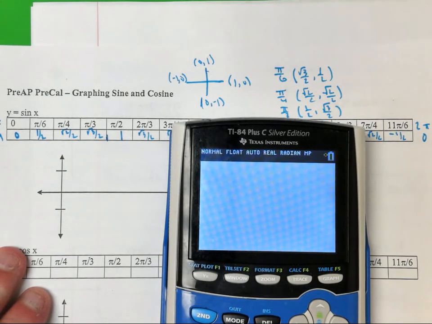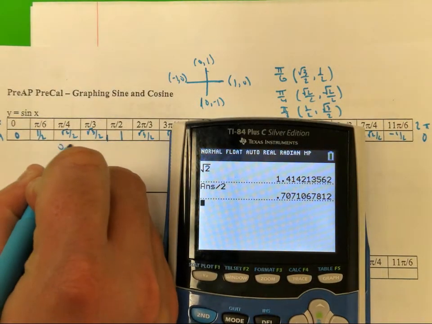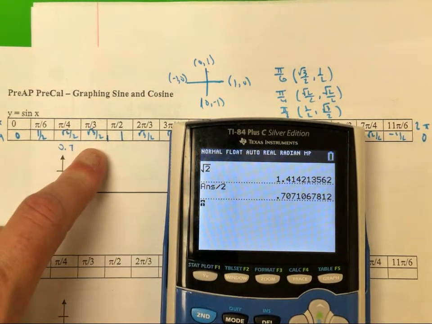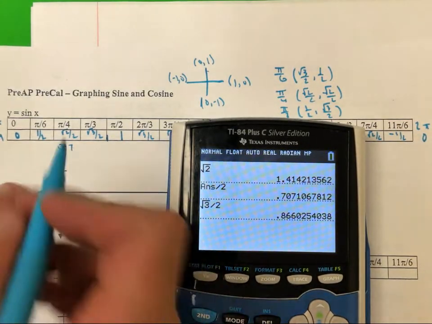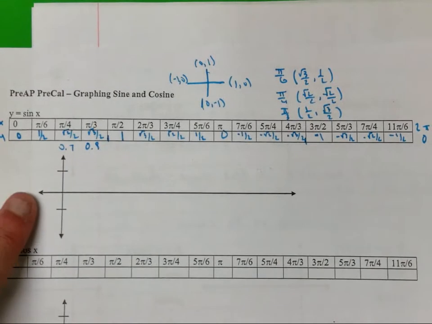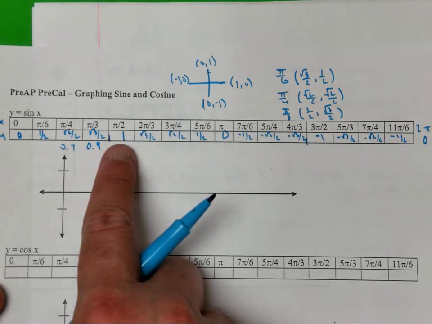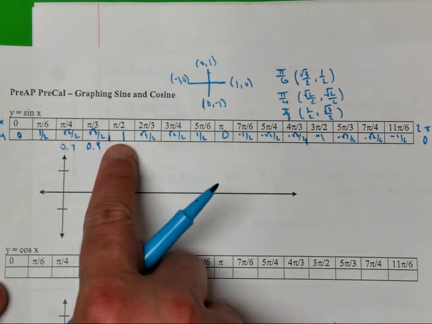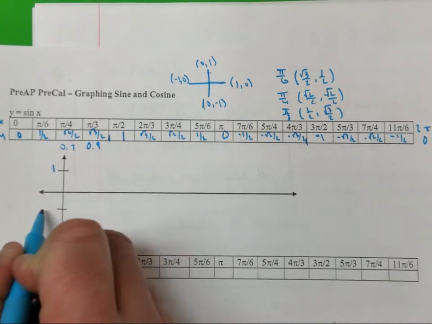Square root of 2 divided by 2 is about 0.7. Then square root of 3 divided by 2 is about 0.9. Okay. So the highest that our y value goes up to is 1, and the lowest we go down to is negative 1. That deals with our amplitude.